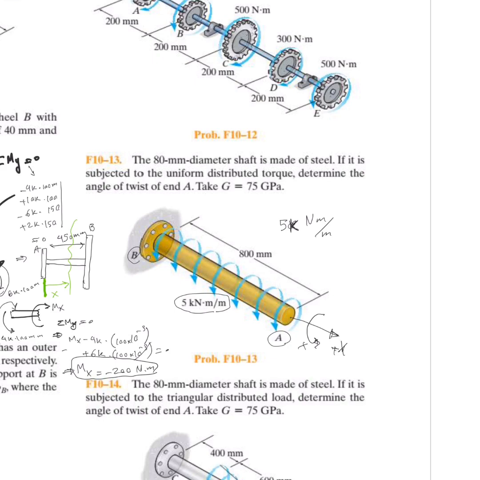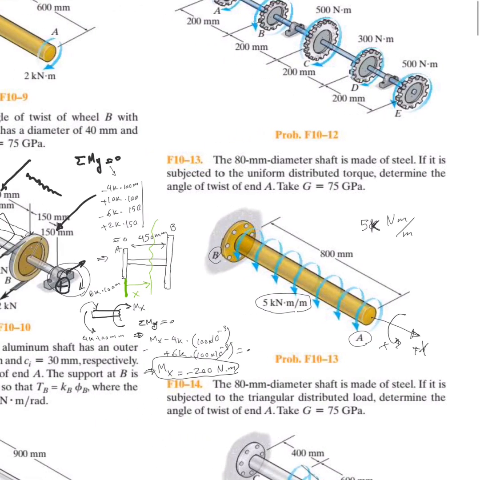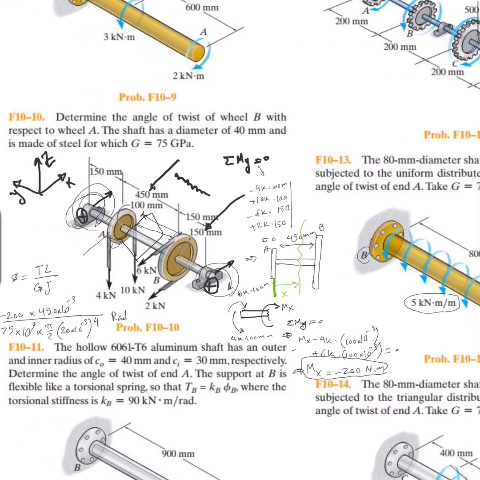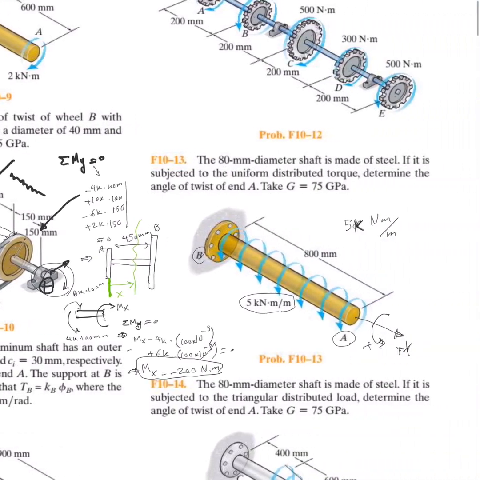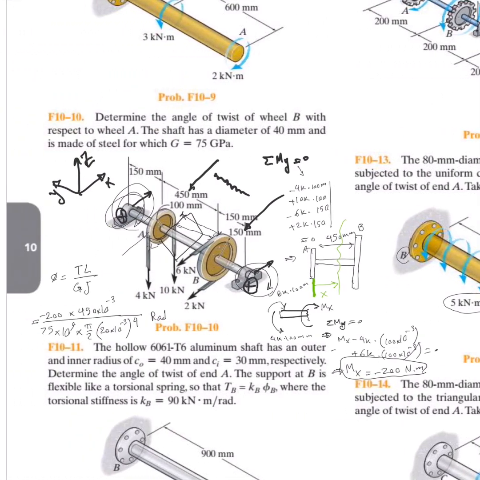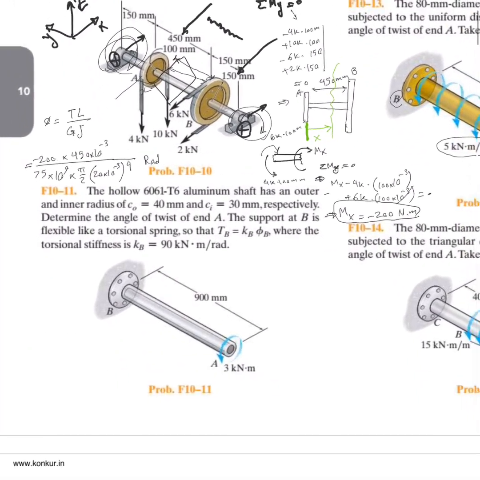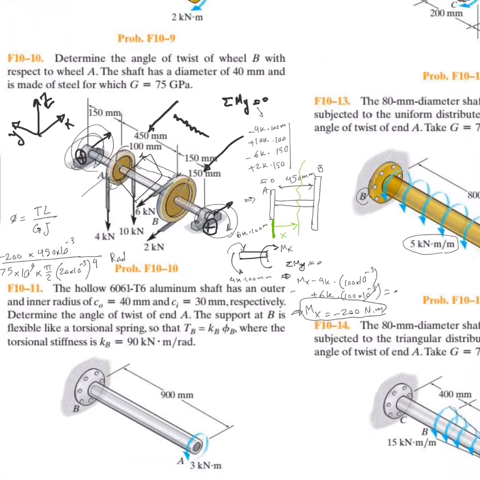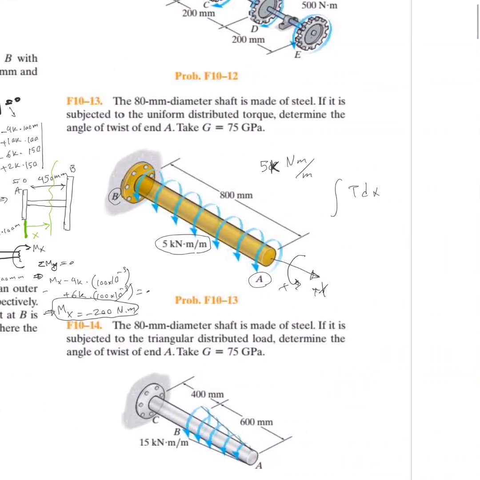So all we need to do is to substitute in the formula that we had before, and the formula was integral T dx over GJ.